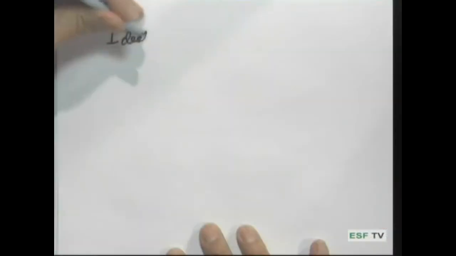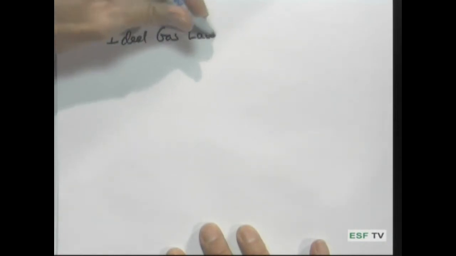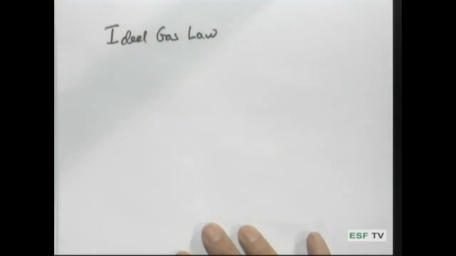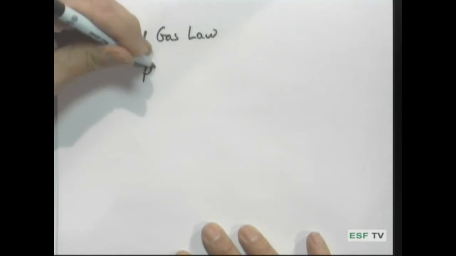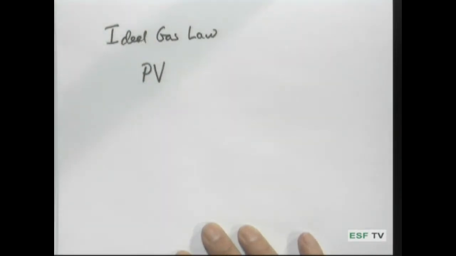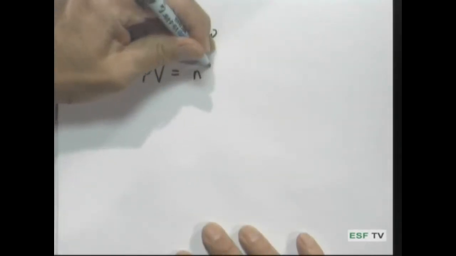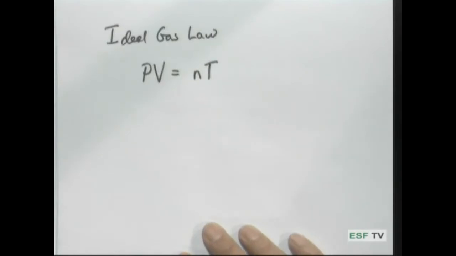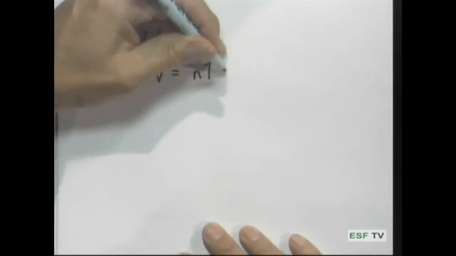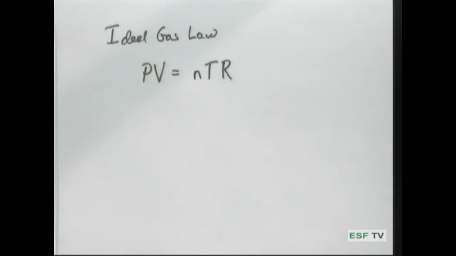Let's put that up on the screen here. The ideal gas law simply says that pressure times volume is equal to the molar quantity of gas molecules times the temperature measured in kelvins times a quantity R, which is known as the universal gas constant.